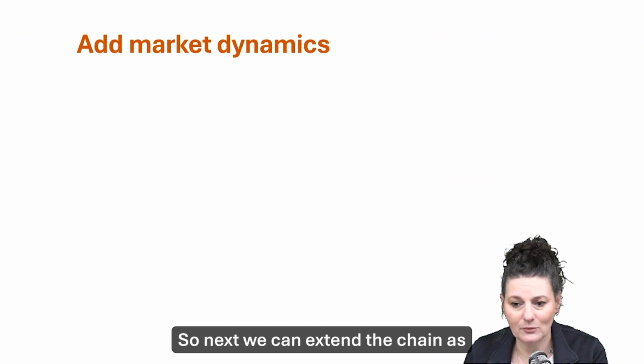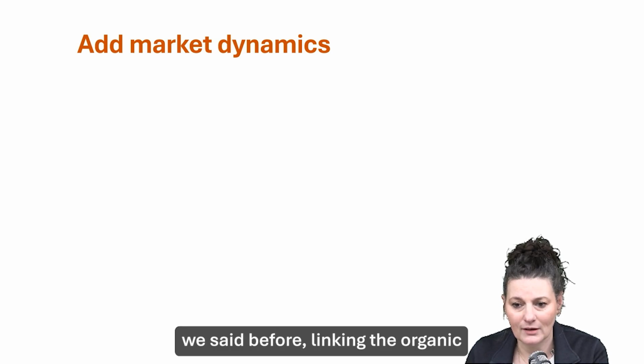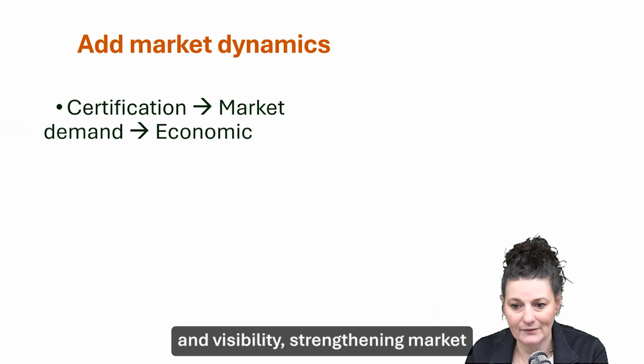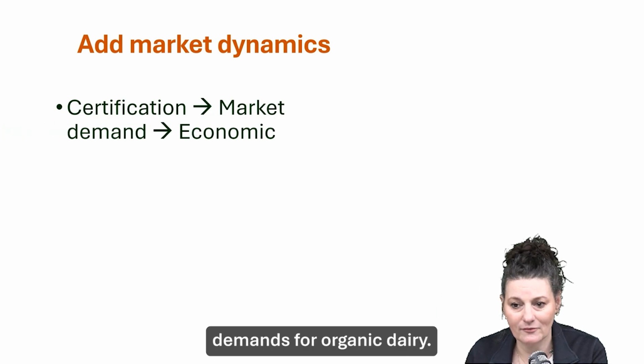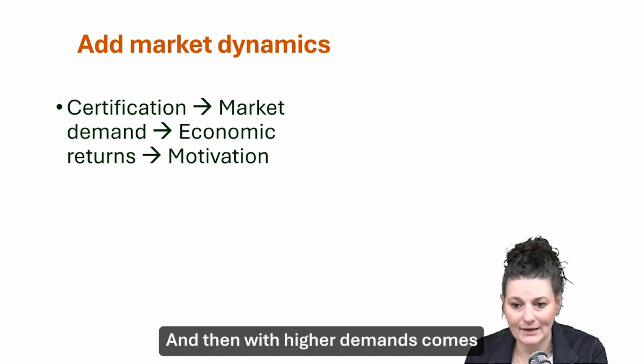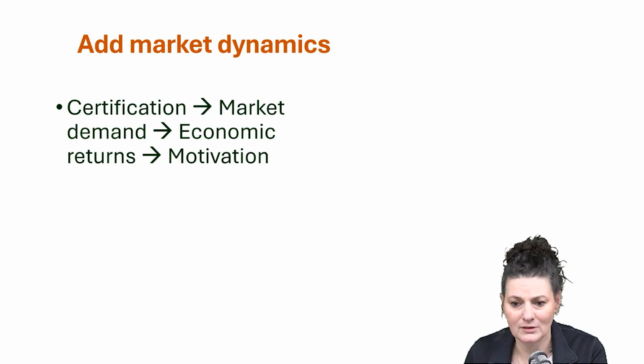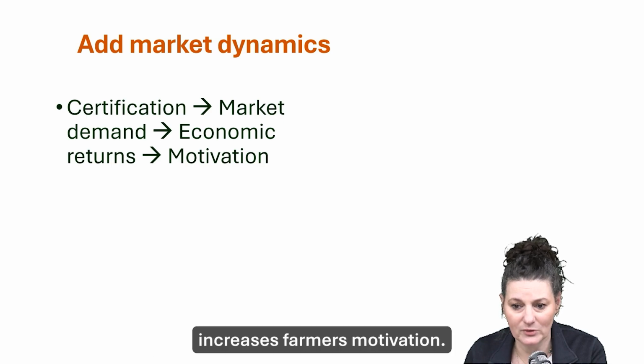So next, we can extend the chain, as we said before, linking the organic production with the supply and visibility, strengthening market demand for organic dairy. And then with higher demand comes more economic return, and better return increases farmers' motivation.